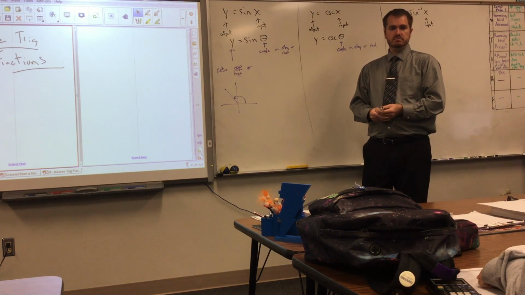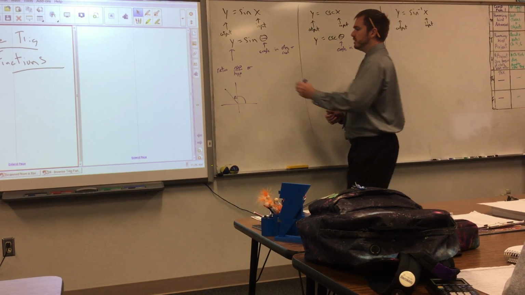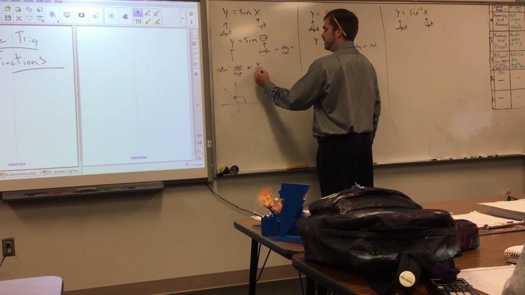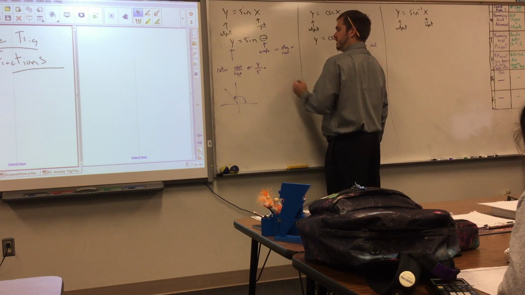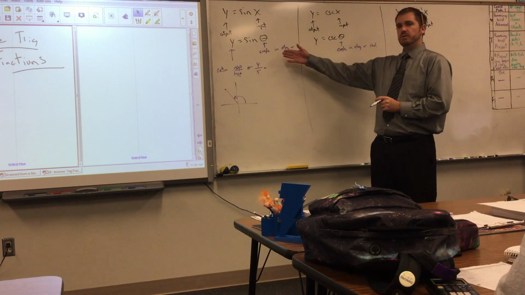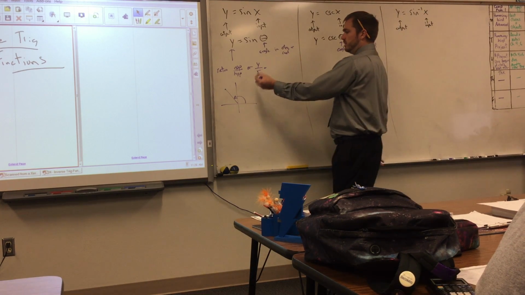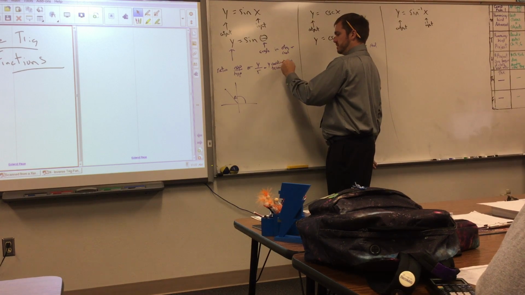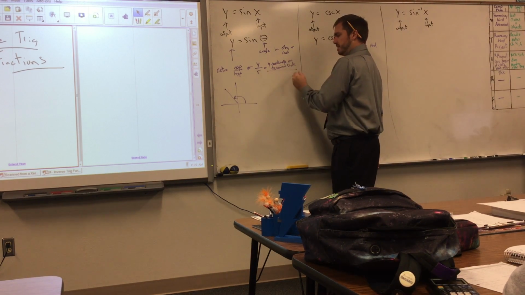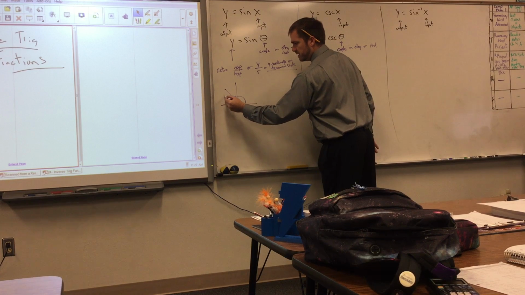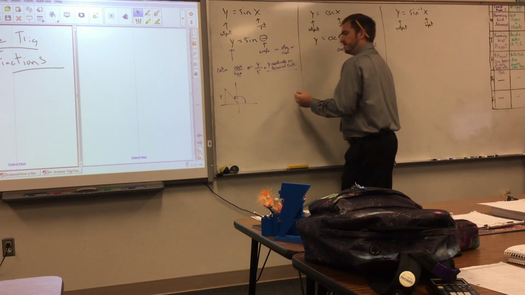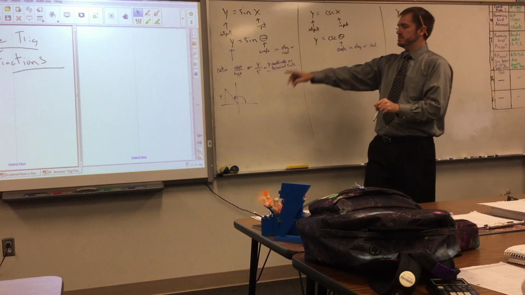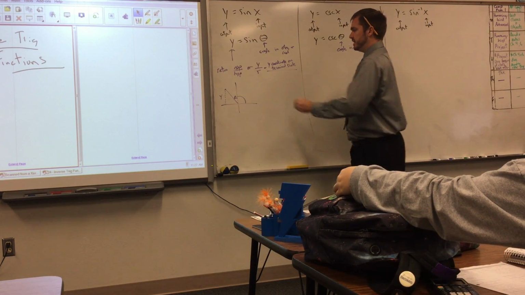What do you got there, Ashlyn? Y over R. And just to remind everyone what y is and what r is, y is the y coordinate on the terminal side. That's this guy right here. And r is the length of the terminal side.